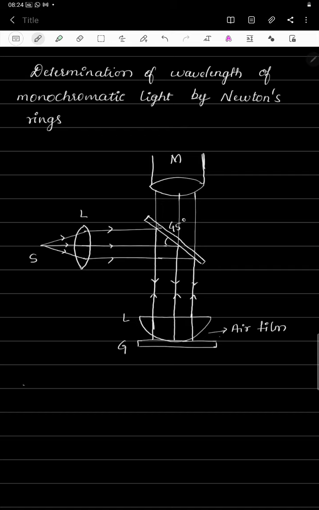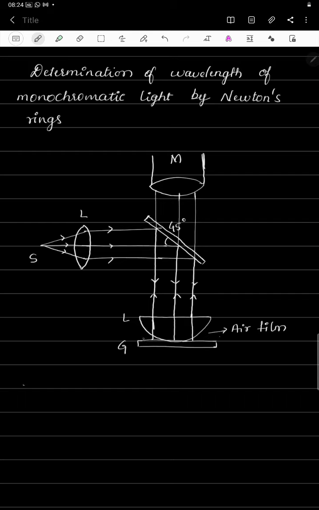Because of this only we are going to get the rings, alternate bright and dark fringes. When these parallel rays fall on the glass to air boundary, where glass is there and air is there, first at this glass to air boundary the rays are going to reflect, and then they transmit. Then an air to glass boundary will be there at the end of this air film.